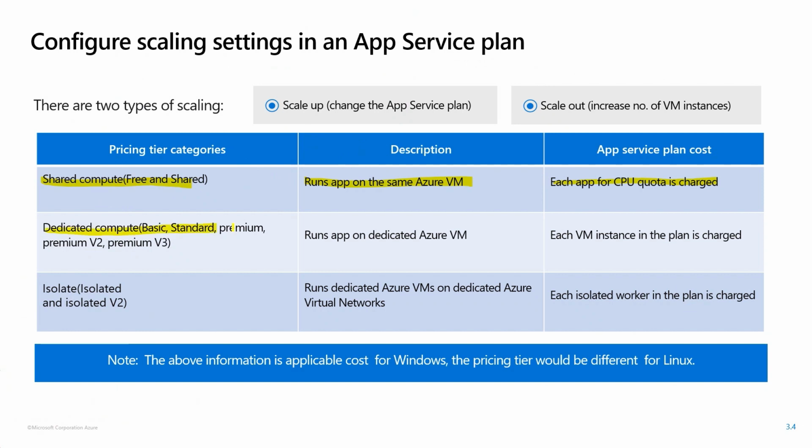We have options for basic, standard, premium V2, premium V3 that run on dedicated virtual machines as well, as an option if you need it, as well as being charged for the virtual machine instance that you're using.